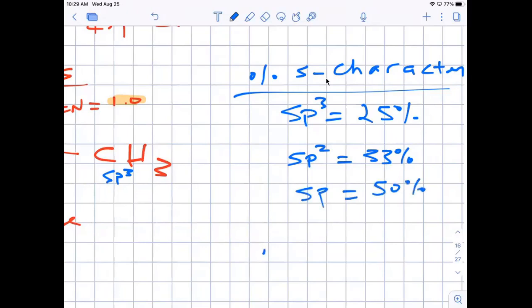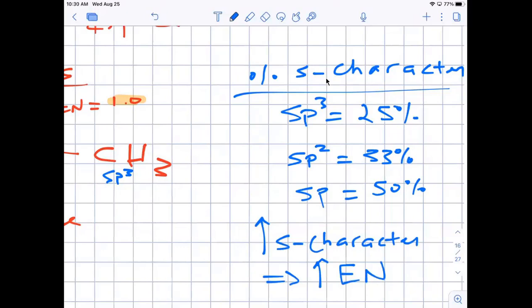The more S you have, so the higher the S character, the higher the electronegativity of the atom. Hopefully you can understand my shorthand down here. So the higher the S character, the higher the electronegativity.